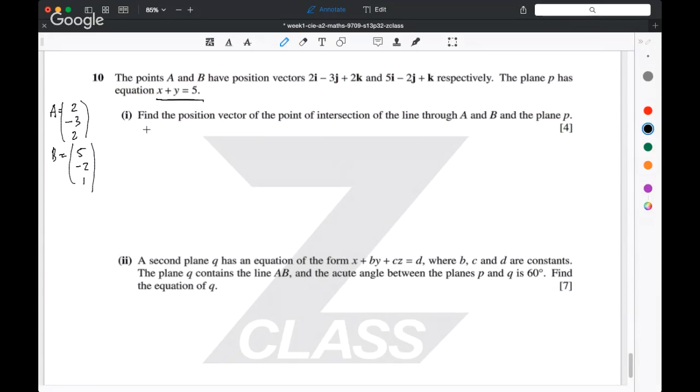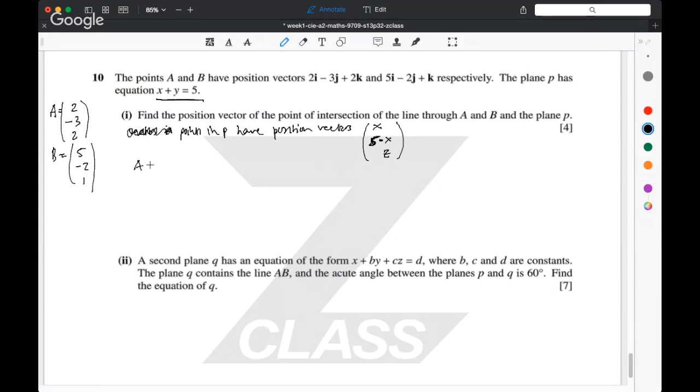And so points in P will have position vectors that look like (x, 5 minus x, z). So there's no restriction on the z coordinate when you're on the plane P. So you can just put any one of them there.